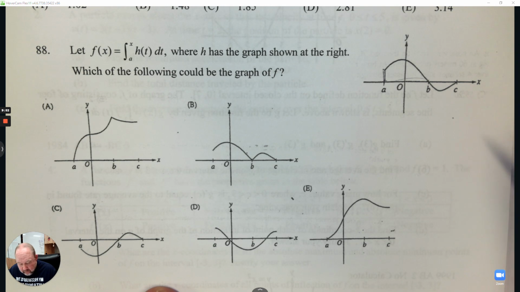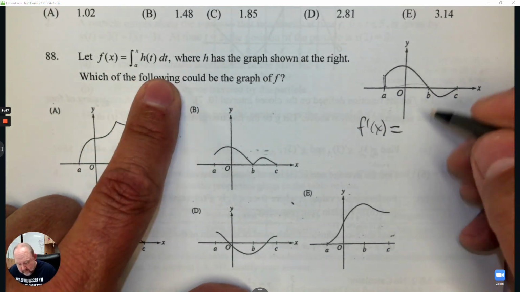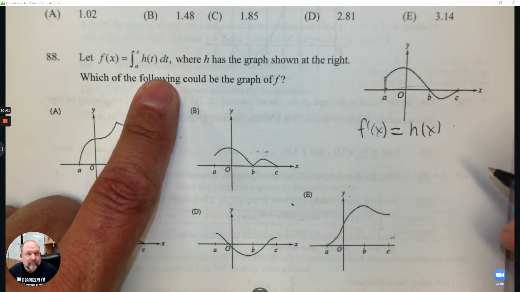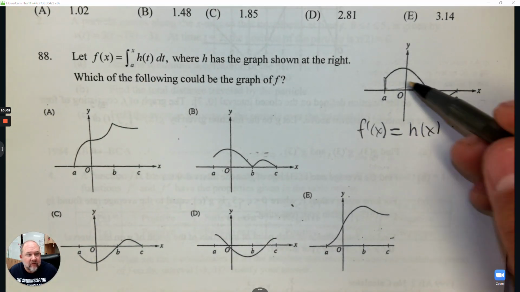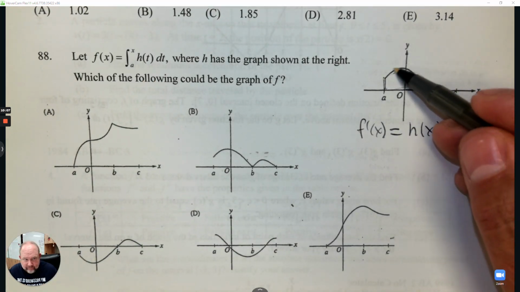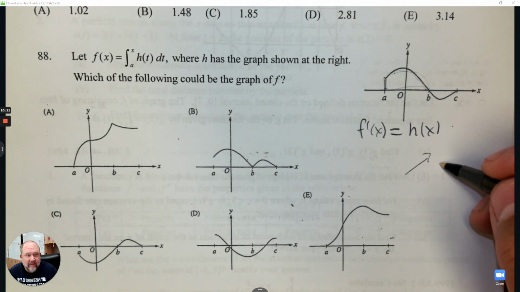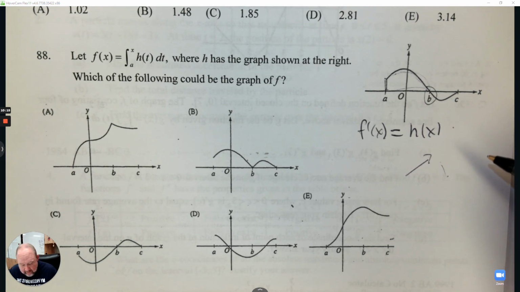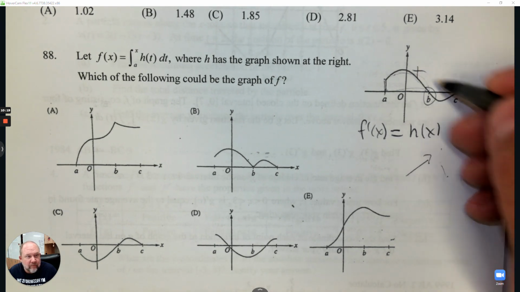So the derivative is just what h is. So in other words, h is positive. So first it increases, and then it decreases, and then at b would be, so it goes positive to negative.